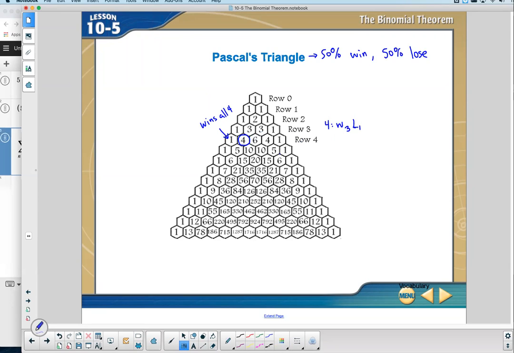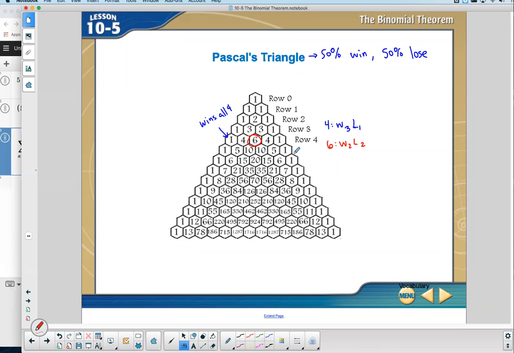What would this 6 represent? They win 4 but, no wait, they win 2 but lose 2. What happens is they count. So instead of winning 3, you win 2 and lose 2. You'll see that they're going to count. One counts down, the other counts up.